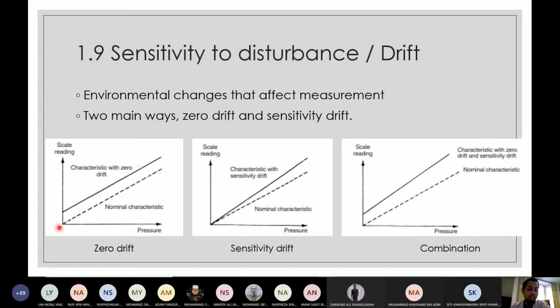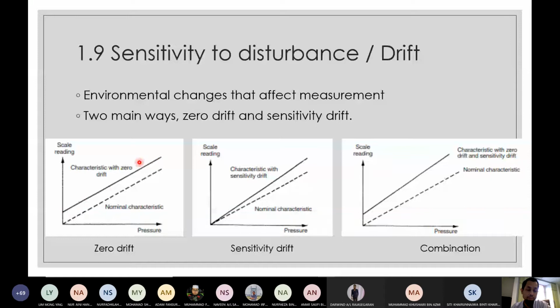The actual value should be the dotted line, but because of the sensitivity to disturbance, because of the error of the weighing scale, it's going to show a wrong value, which is indicated by this solid line here. So this refers to what we call zero drift.